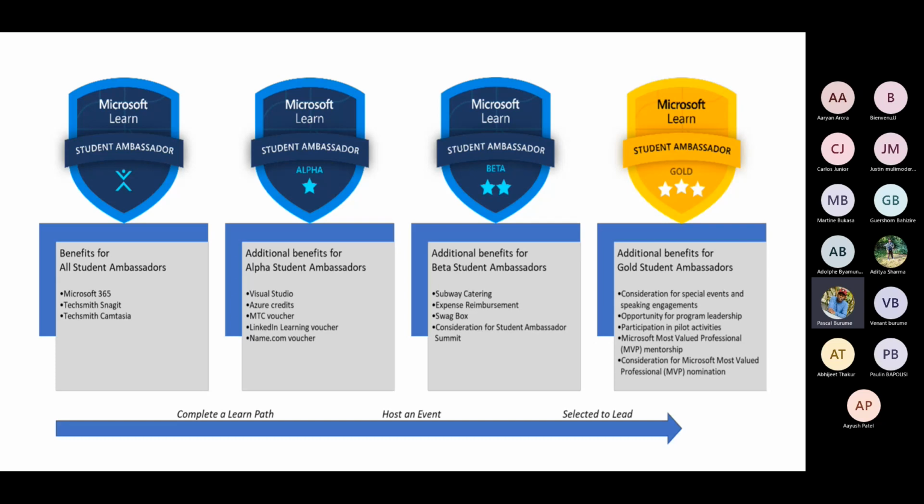For example, if you hold a physical event where you invite different students, share your ideas, and teach them different skills and technologies, Microsoft will give you the money you spent. This is if you are nominated as a Beta. According to my experience, I didn't try that; I didn't claim that reimbursement.